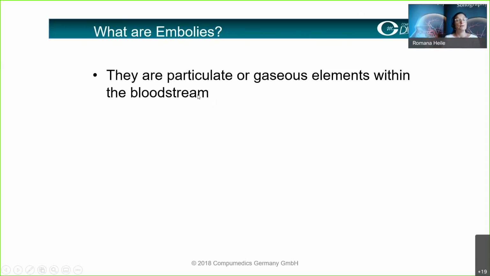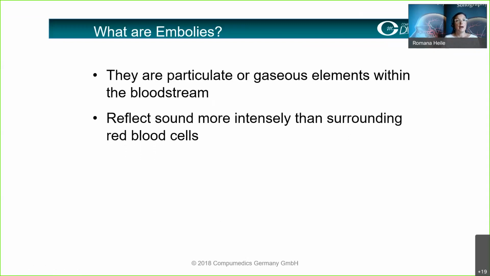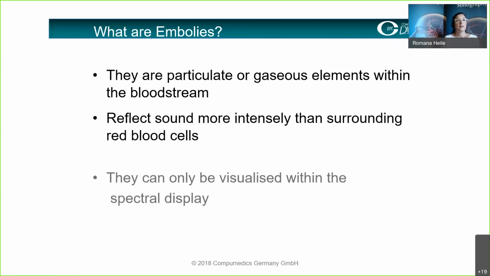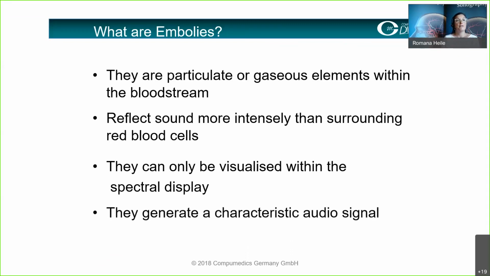So it has the same blood flow direction as the blood cells. It has a higher intensity. And it can only be visualized within the Doppler spectra, meaning it has to be inside of a Doppler spectra because it goes as all other blood cells within the bloodstream. And very characteristic is that it has a typical sound that we can easily identify by listening to it.